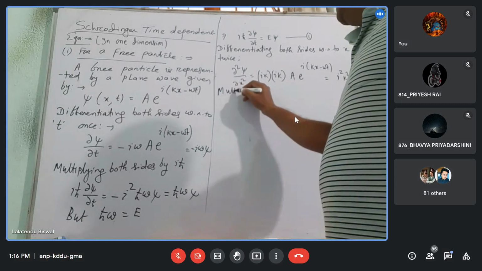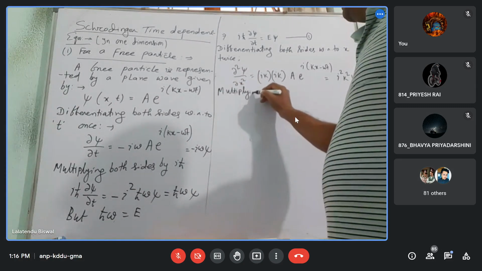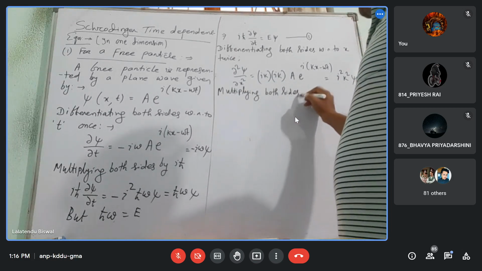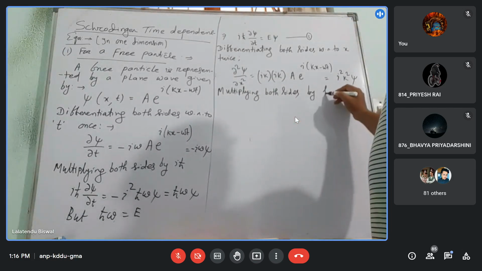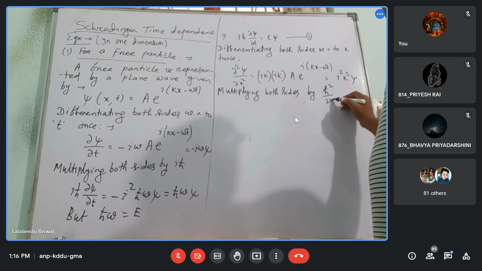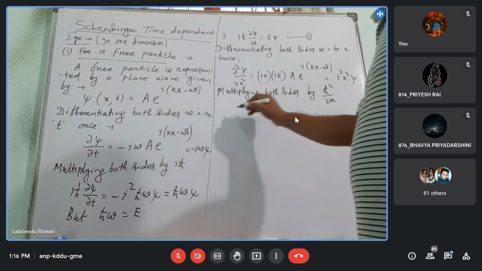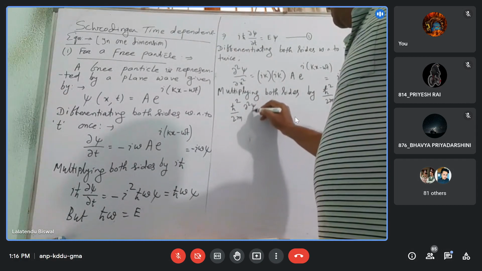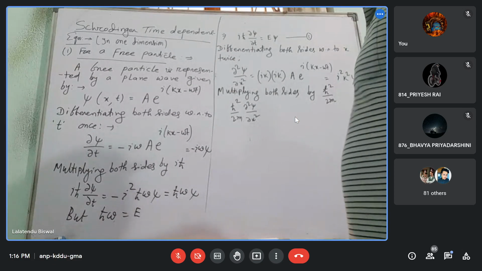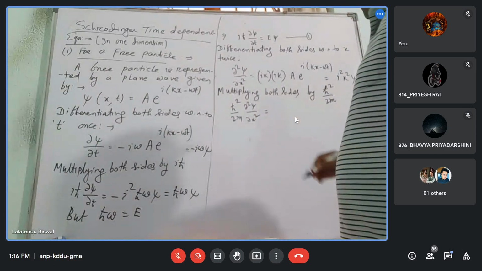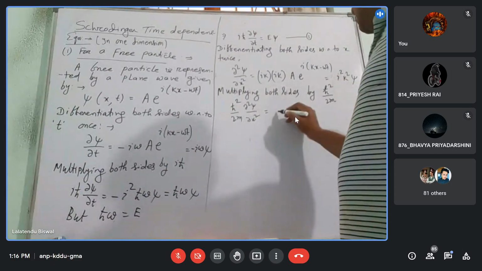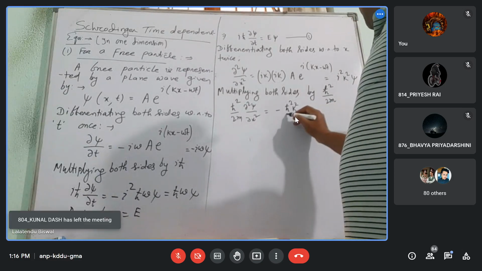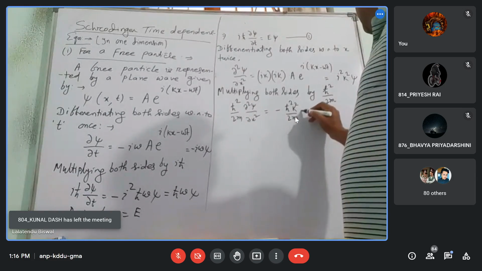Multiplying both sides by h cross square by 2m. What do you get? h cross square by 2m del square psi by del x square is equal to i square, which is minus 1, so minus h cross square k square by 2m into psi.